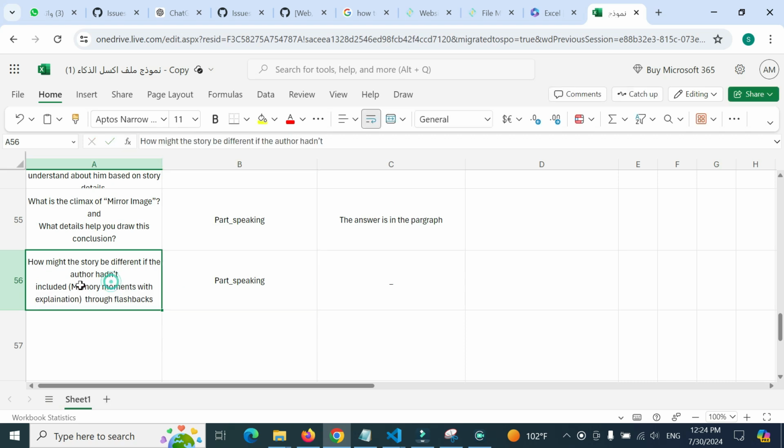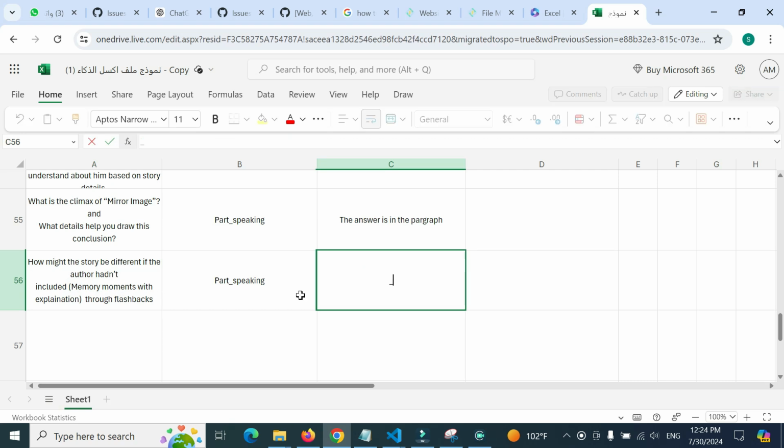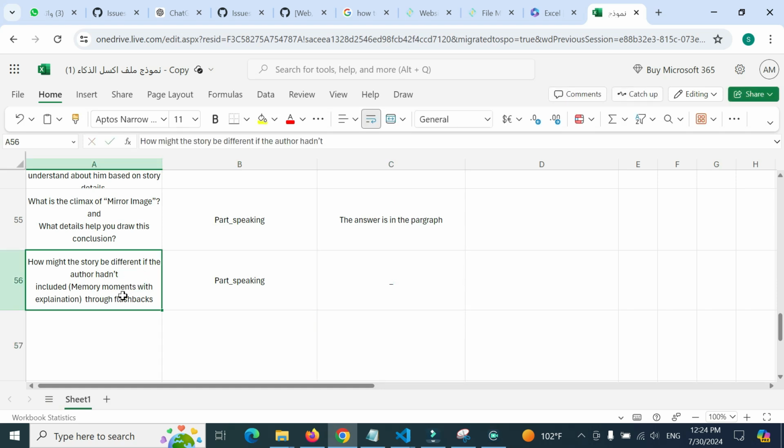But maybe in this scenario we don't need to include the answer. Like I told you before, it's more about the teacher. The teacher is the one who decides if the cell is filled or not. But for me, I believe like putting some.